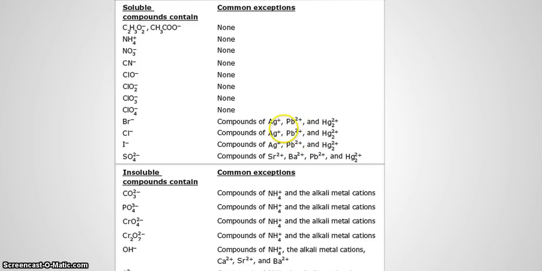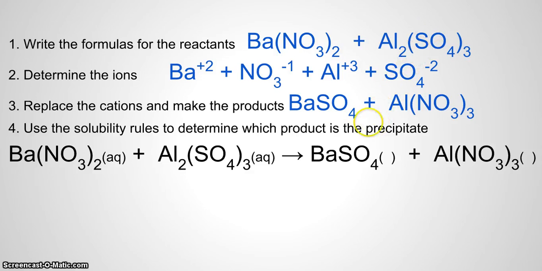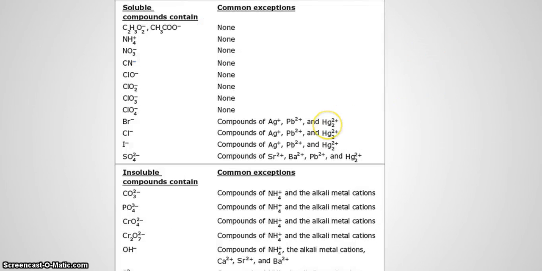So we're going to be using this to figure out which of our two products is the precipitate. Let's start with barium sulfate. Looking at our solubility rules, let's find sulfate right here. Normally sulfate is soluble, except when it's bonded to strontium, barium, lead, and mercury.